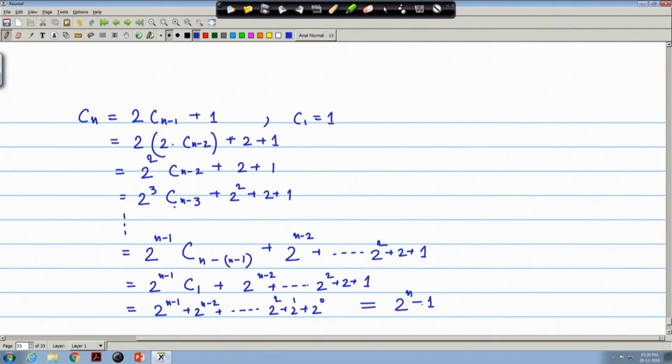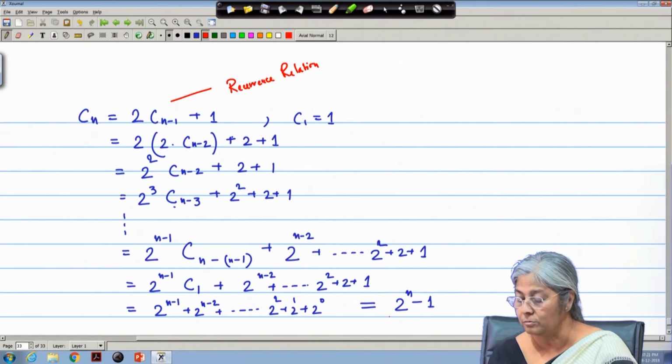We started with the recurrence relation for solving the Tower of Hanoi problem. Just now we got the recurrence relation, and if I continue iteratively, then we get the solution also.